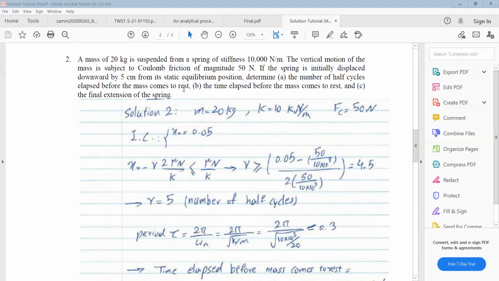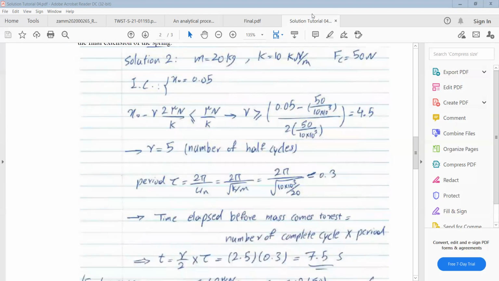So we need to obtain again the number of the half cycles, or R. For this purpose, we can substitute again in this equation for R. We have the initial displacement. Also, we have mu.